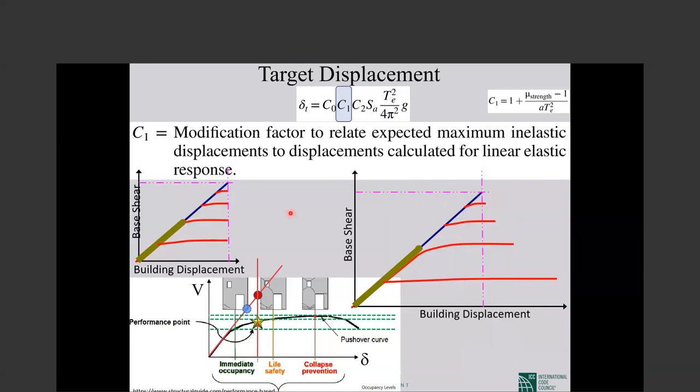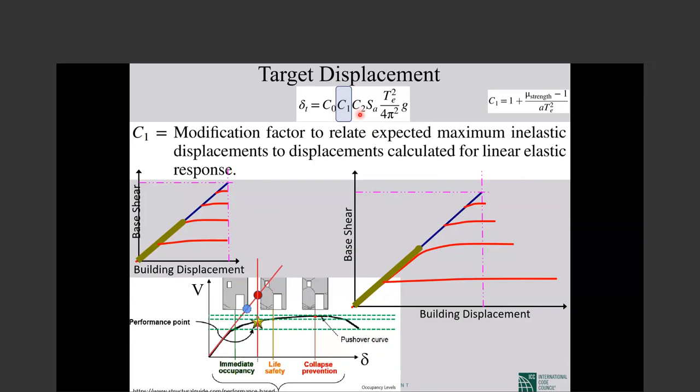One discussion was whether it is possible to use the same approach for new buildings. The same approach can be applied for new buildings, and some codes, such as Eurocode, Japanese, and Turkish codes, have the formula you can see. But you can't see C1 and C0.